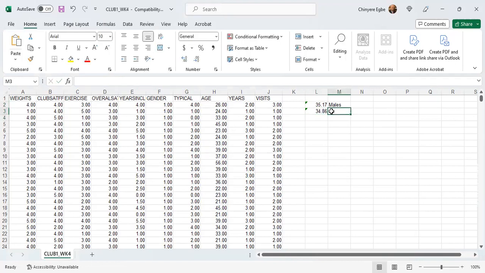So the average age for the females is 34.8. Okay. So now we calculate the standard deviation.